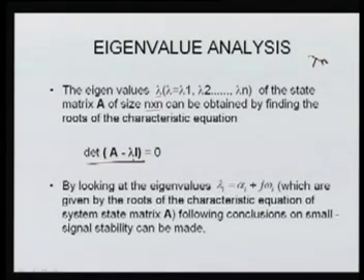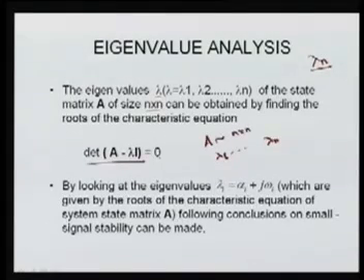This is the same, because once I have replaced s by lambda, the determinant of lambda I minus A equated to 0 is the same. So for any A matrix of order n cross n, you will get lambda 1 to lambda n, meaning you will get n eigenvalues.